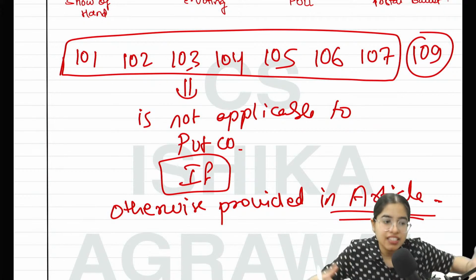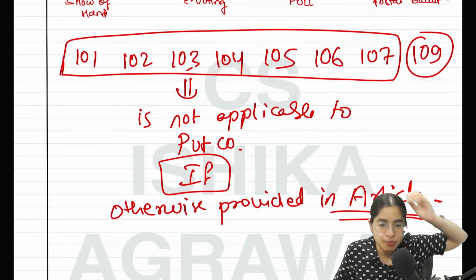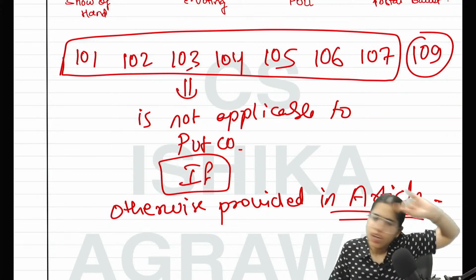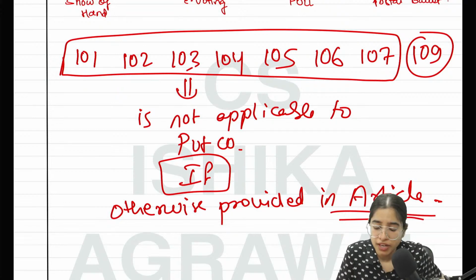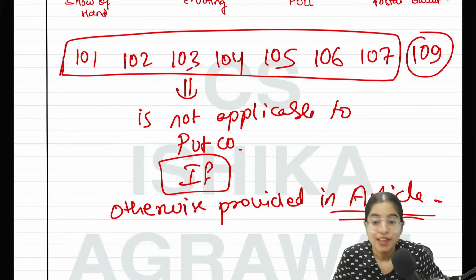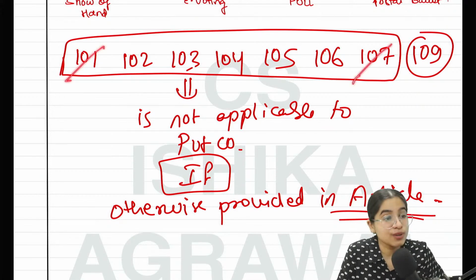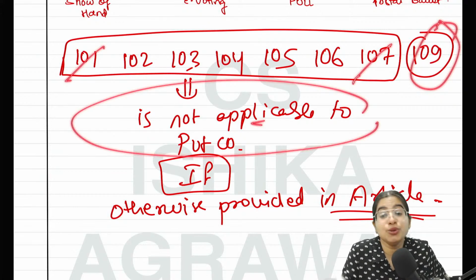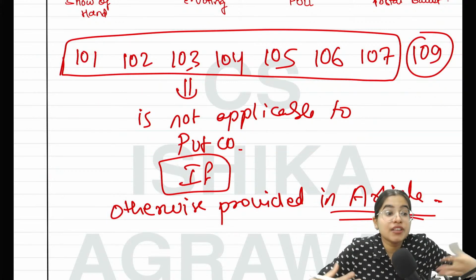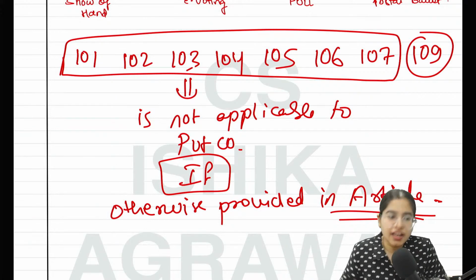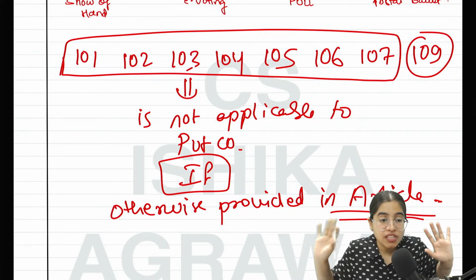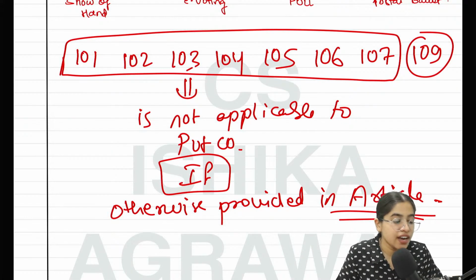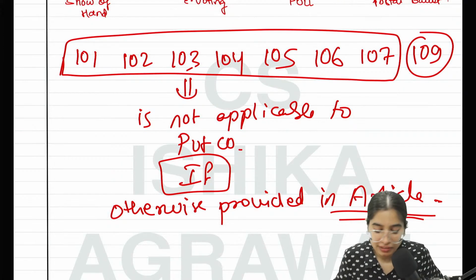If anything else is prescribed in the articles, or if they have expressly excluded these sections, then these sections will not be applicable to that private company. So sections 101 to 107 and 109 will not be applicable to those private companies who have specifically provided something else or expressly excluded these sections in their articles. I hope you are getting this point.